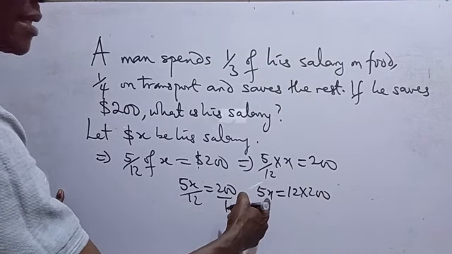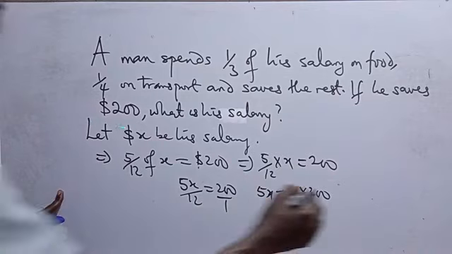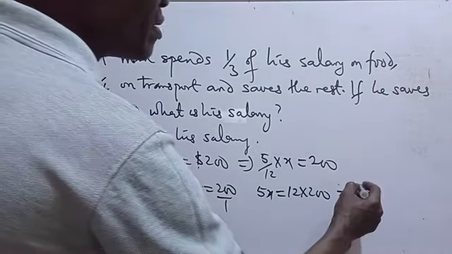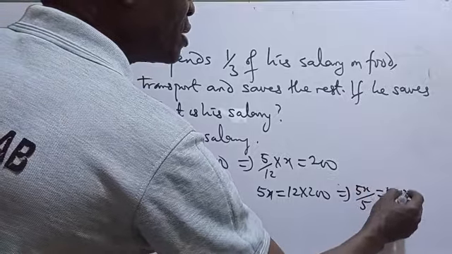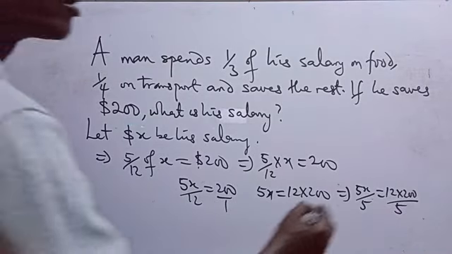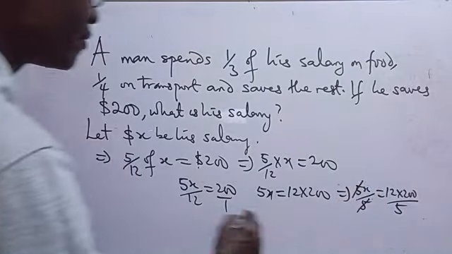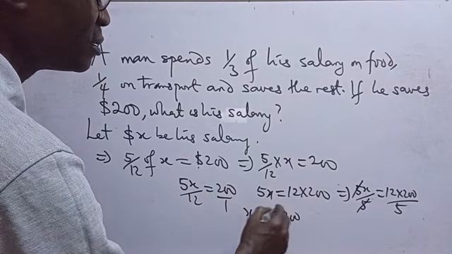So how do we now get X? To get X, divide both sides by 5. Dividing both sides by 5, we have 5X all over 5 is equal to 12 times 200 all over 5. So 5 will cancel 5, and you are left with X equals 12 times 200 all over 5.